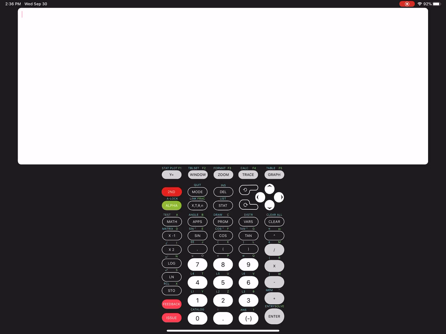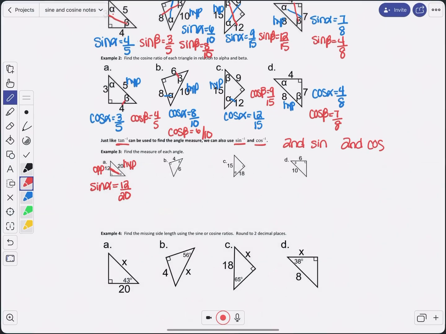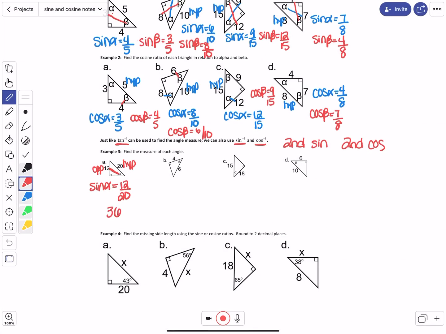So I would hit second sine, because I'm using sine, and I would do 12 over 20. And I would get 36.87 degrees.